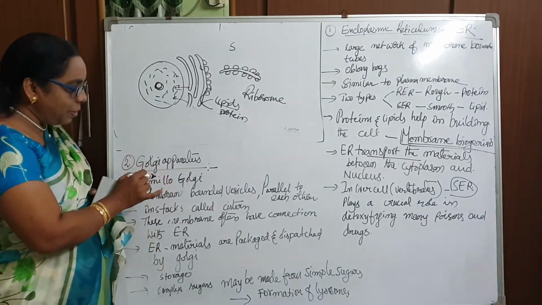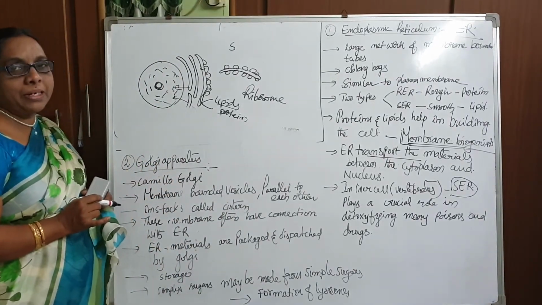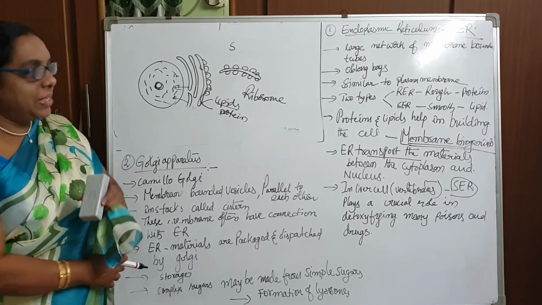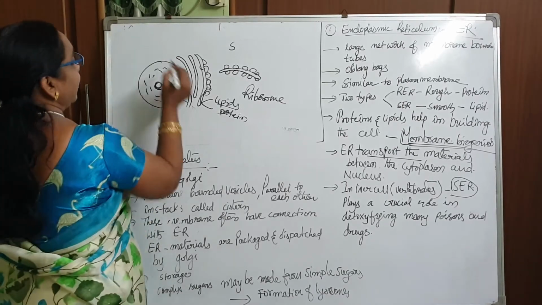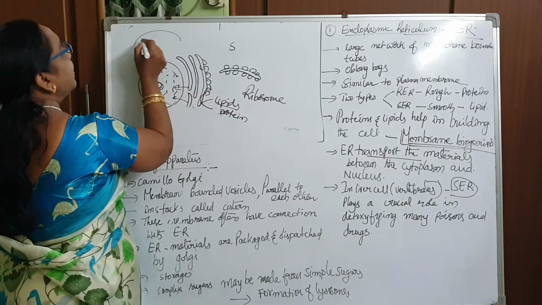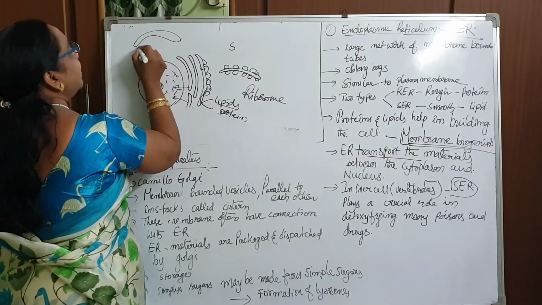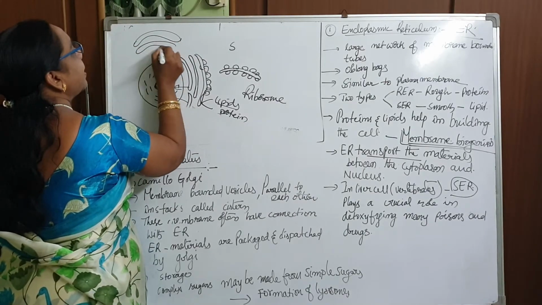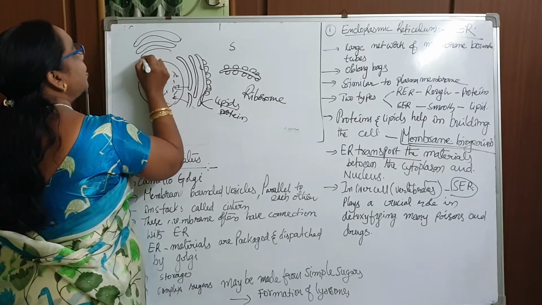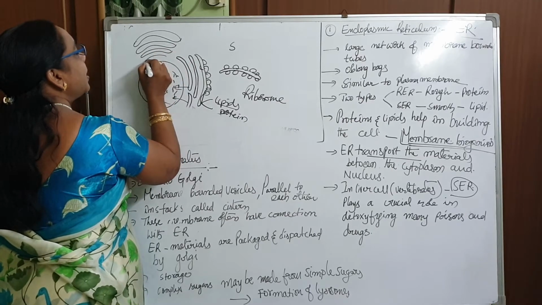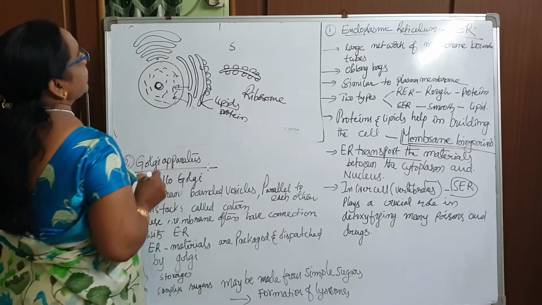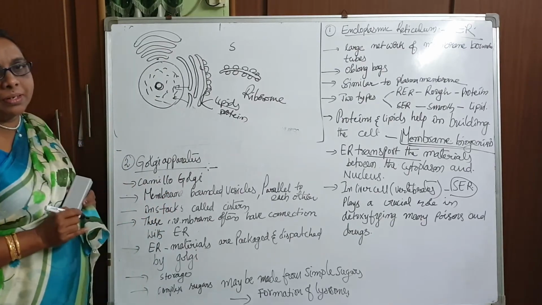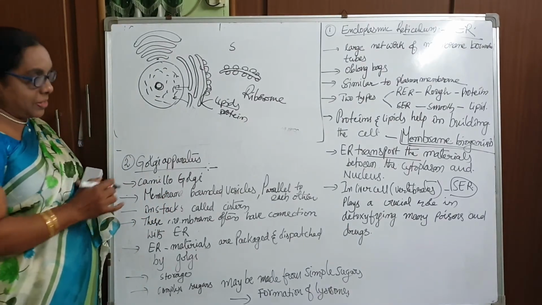How will this Golgi apparatus be? These are parallel structures on top of the nucleus. They will be present parallel, in the form of stalks.